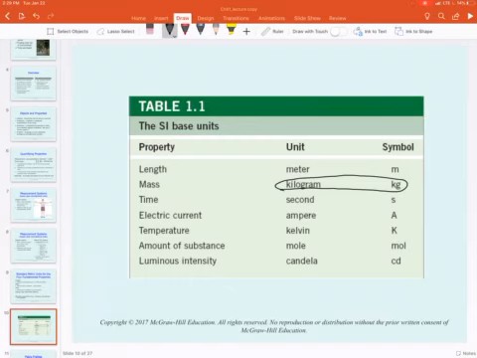I don't know that I would necessarily say base unit, even though it says that on the table. I refer to this more like a standard unit. Grams are so small. There are 454 grams in 1 pound. So if you start talking about something that weighs quite a few pounds, that's going to get to a pretty big number. So it's just easier for them to measure in kilograms. That is why it is the way it is.